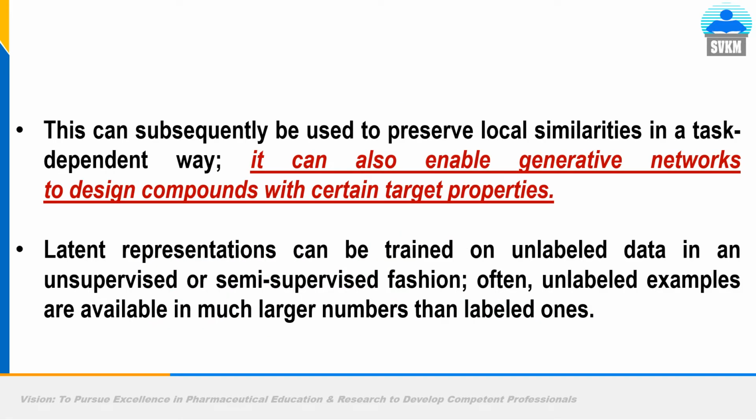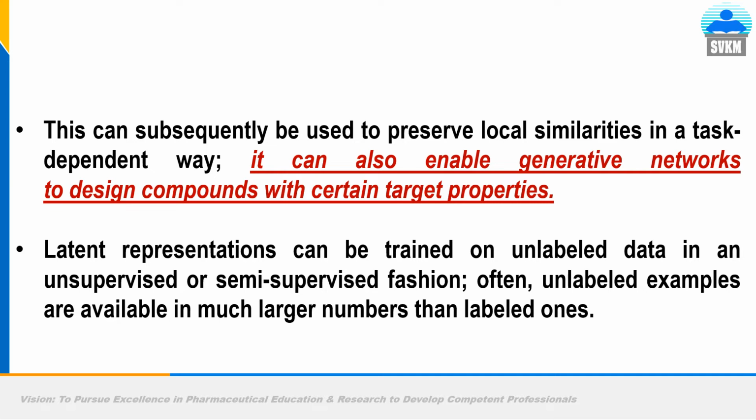So this can subsequently be used to preserve local similarities in a task dependent way. It can also enable a generative network to design compounds with certain target properties. So far we have studied that the decoder can make various types of molecules which resemble the input, but you can further fine tune those outputs by attaching some more mechanism for a target property.